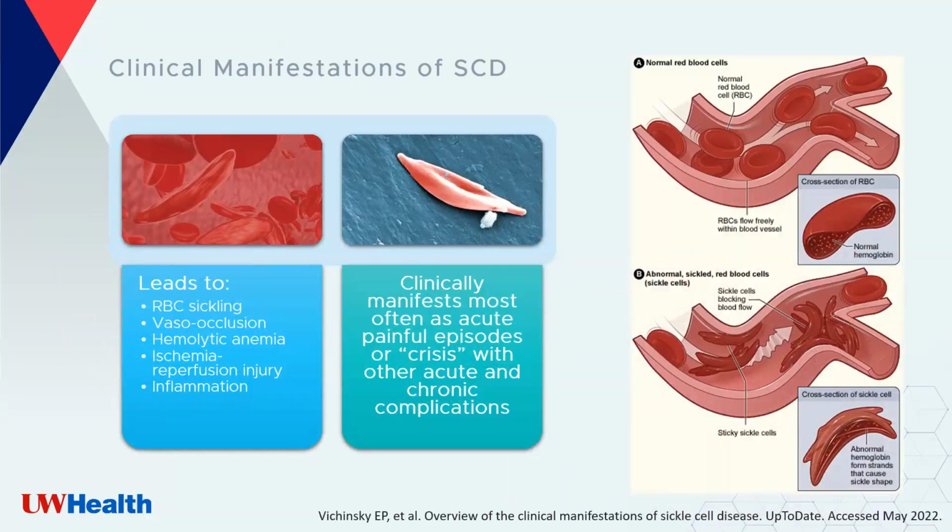And so, clinically, this manifests most often as acute painful episodes, otherwise known as crisis, for our patients, with other acute and chronic complications along the way. And I think this graphic here also depicts pretty clearly what the difference is between normal red blood cells and abnormal sickled red blood cells.